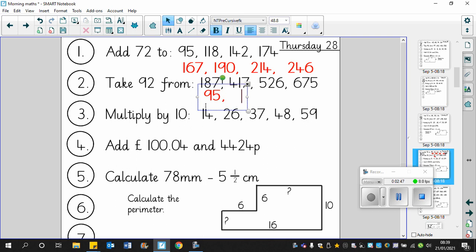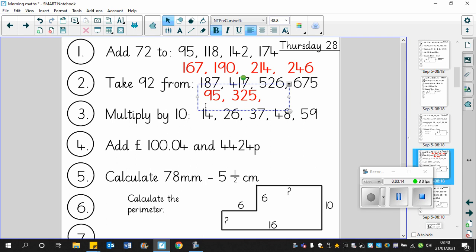417. Well, if we take away 90, we're going to go into the 300 sort of range. So it's going to be 300 and if we take away 90, it'll be 20. So 327. Right, so that's correct if we're taking away 90, but we're taking away 92, so therefore that makes 325. Okay, 526.